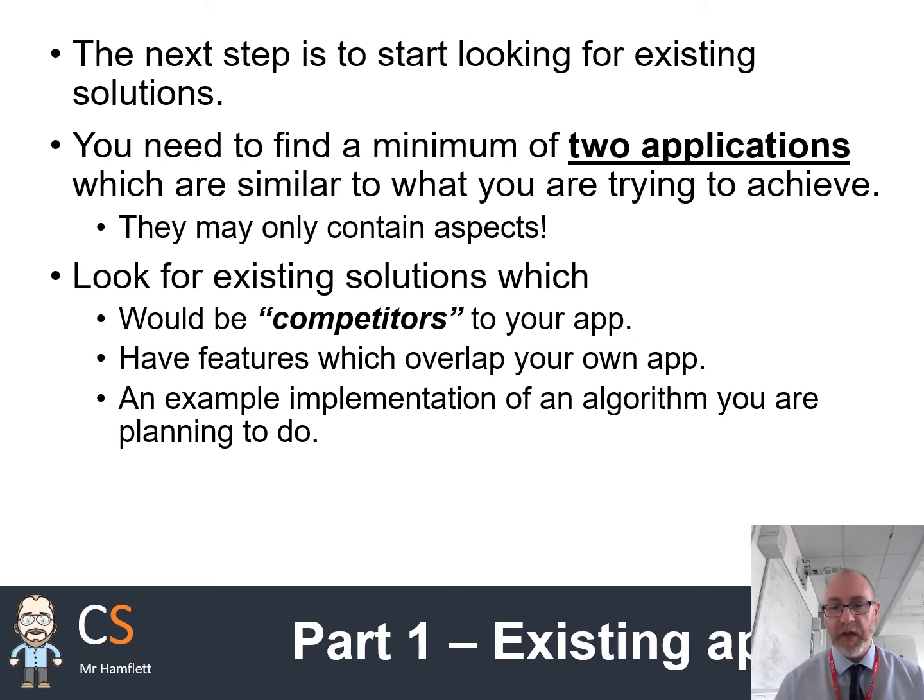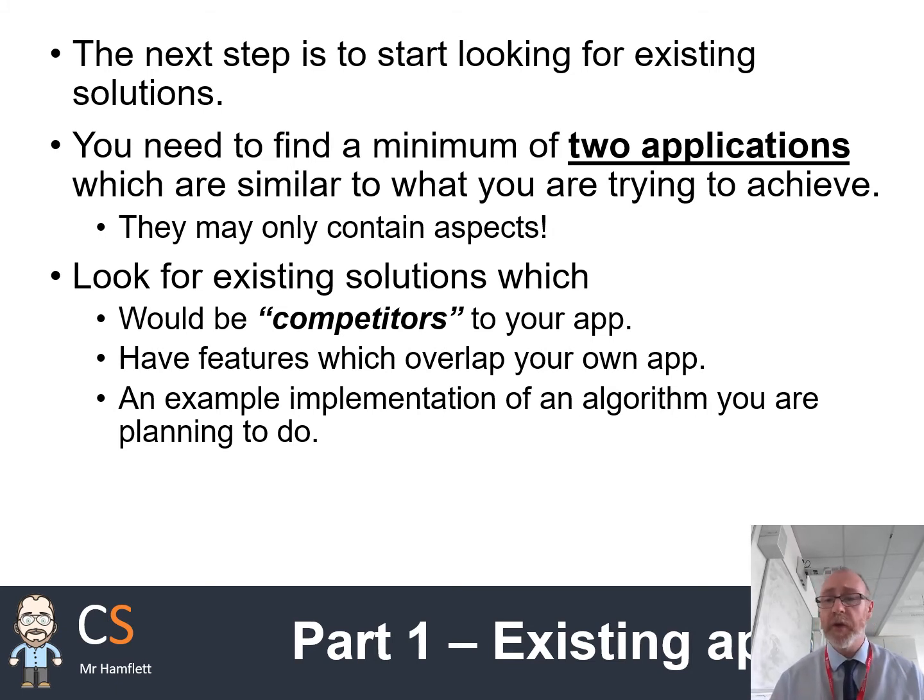Now, it might be you are trying to do a clone of something. So you've got a Temple Run game and you want to make your own Temple Run game. Okay, cool, that's fine. Well, now you know exactly what you're going to be researching. It might be that you're trying to do something completely new that no one's really done before.